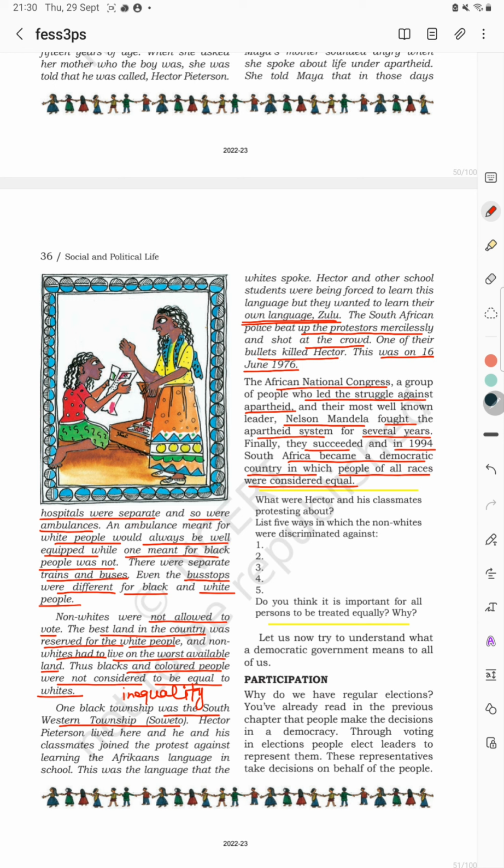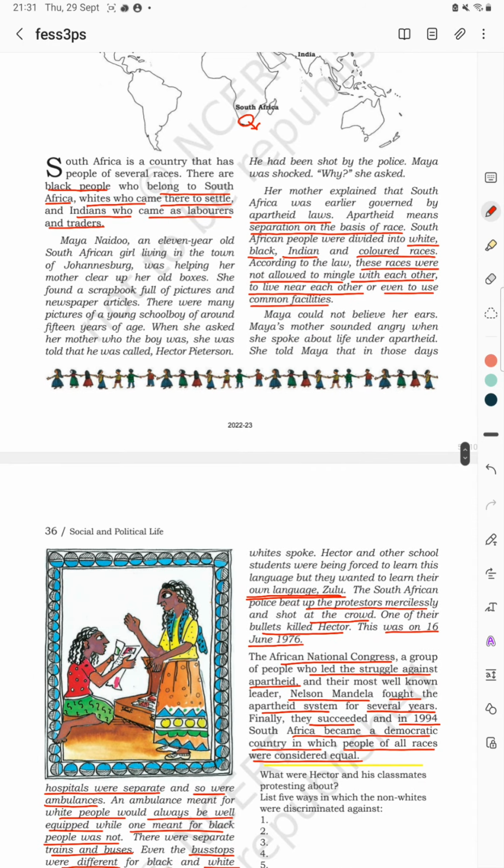So there was injustice, obviously. There was a protest against injustice. So a group called African National Congress struggled against the system, and finally in 1994 South Africa became a democratic country where people of all races were considered equal. So what we have learned is that when there is a feeling of inequality or injustice, those people who were not benefited from the system were sufferers.